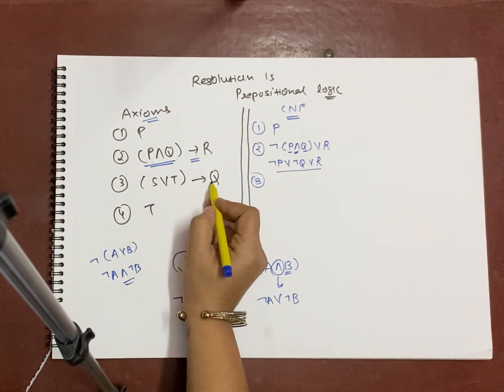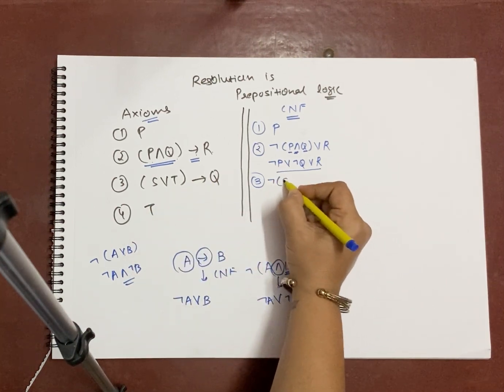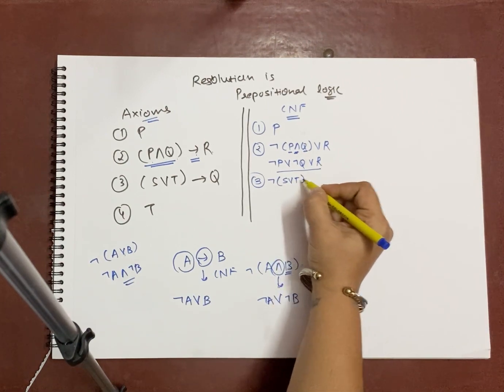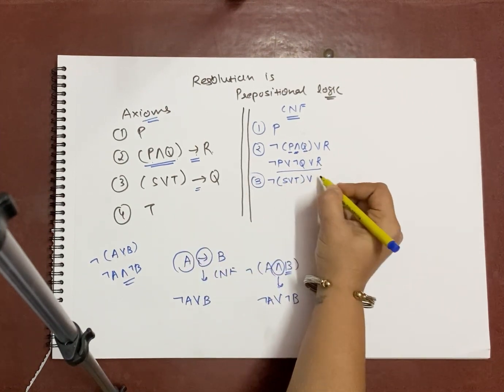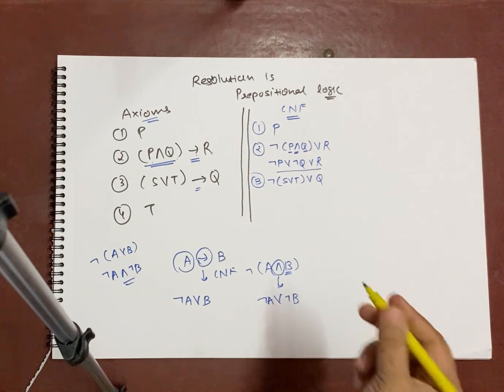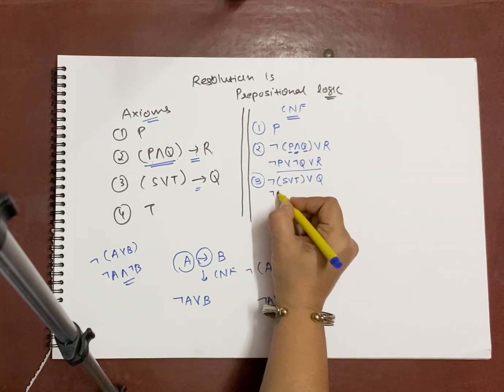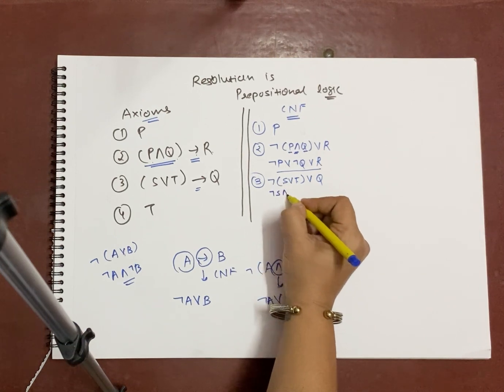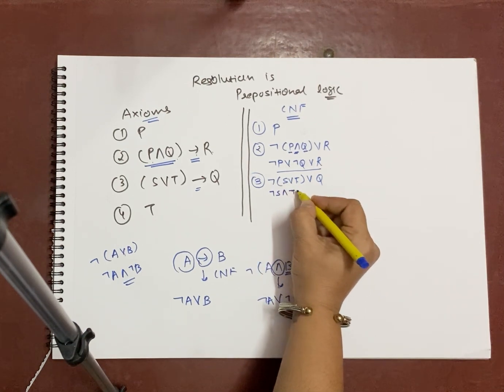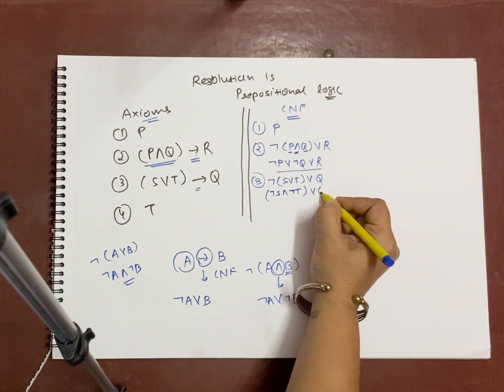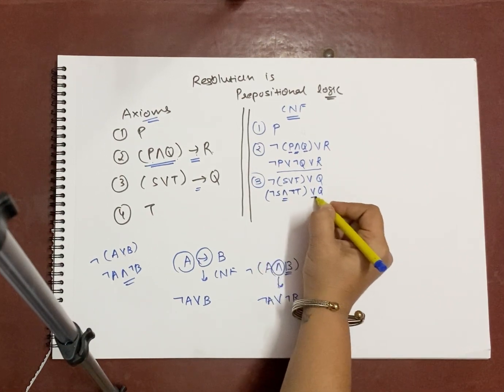or T implies Q. So once again negation is applied to S or T, and implication will be converted to OR Q. Now if you apply negation to individual atoms, then it will be not S, then OR will be converted to AND, not T, and then OR Q. Now see, you have here AND and here OR.